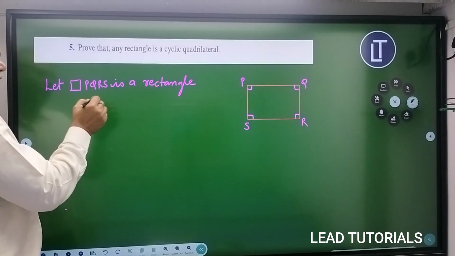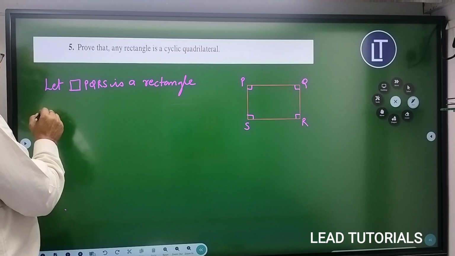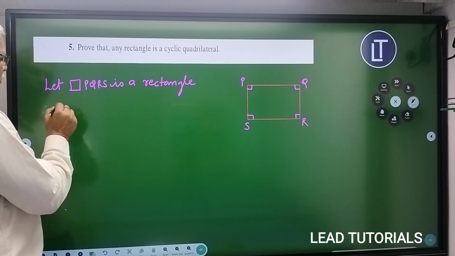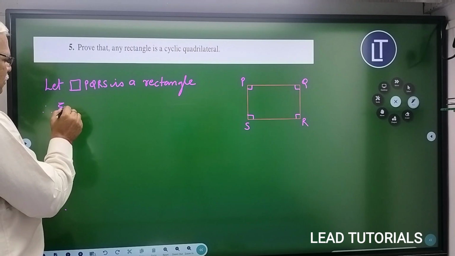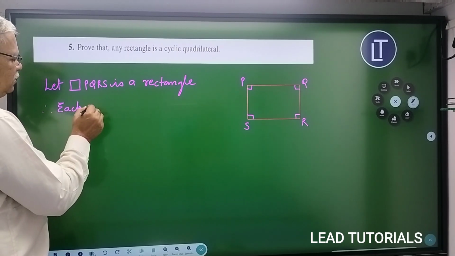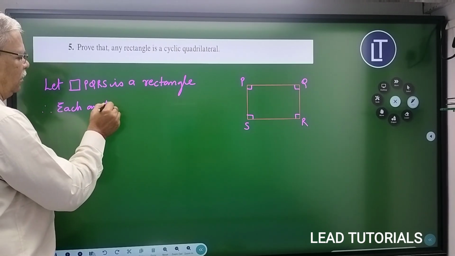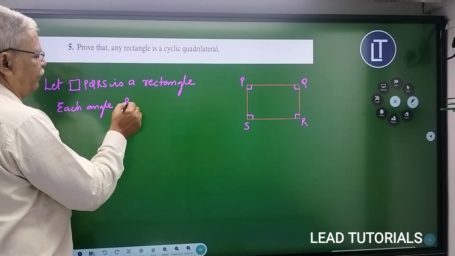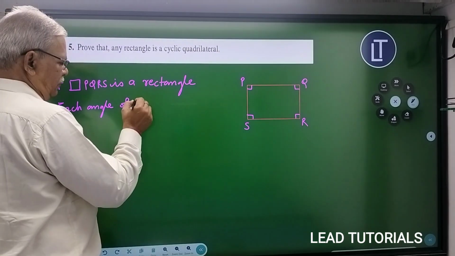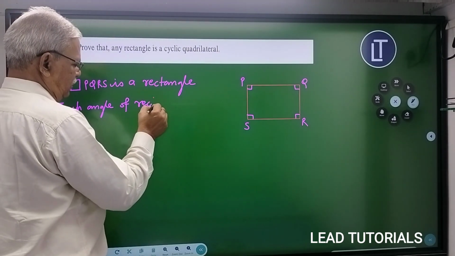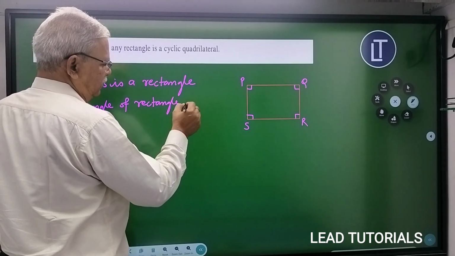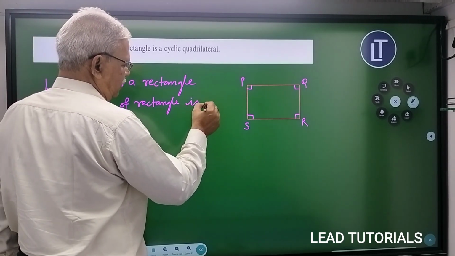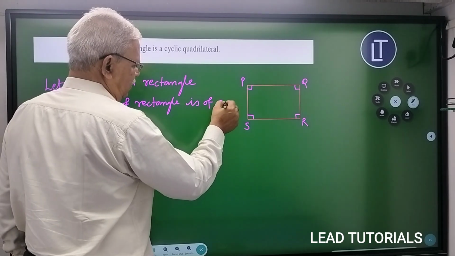Now after this, therefore each angle of a rectangle is 90 degrees. Okay?